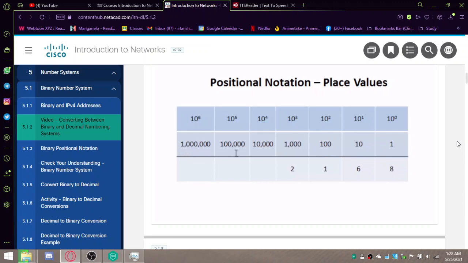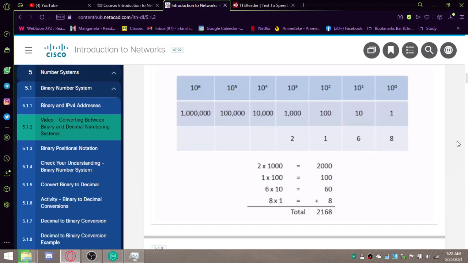So the place values are based on powers of 10. If we look at the number 2,168 in long form, we have 2 1,000s, 1 100, 6 tens, and 8 ones, and 2,000 plus 100 plus 60 plus 8 totals 2,168.